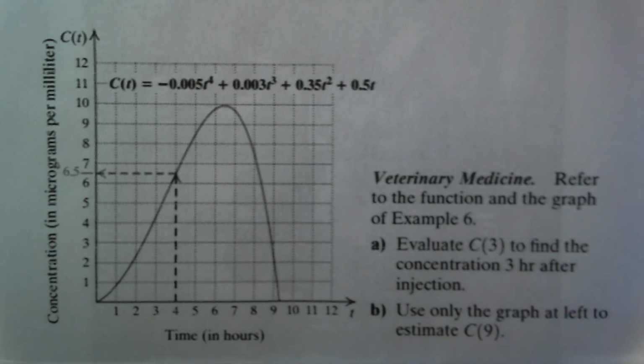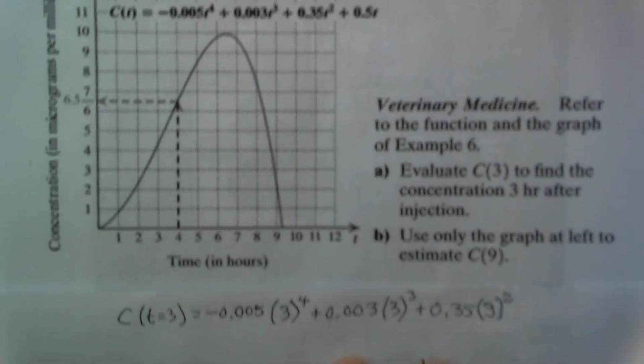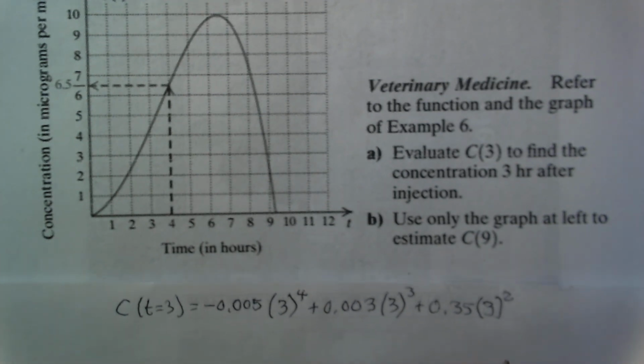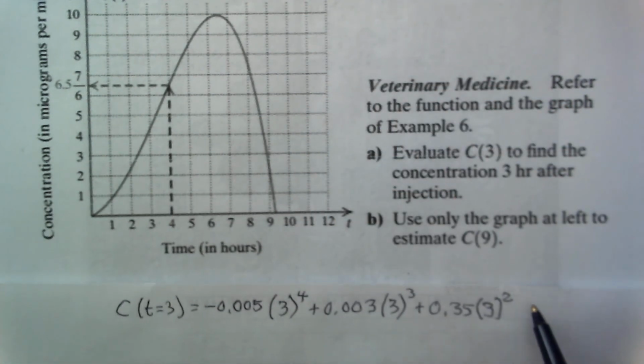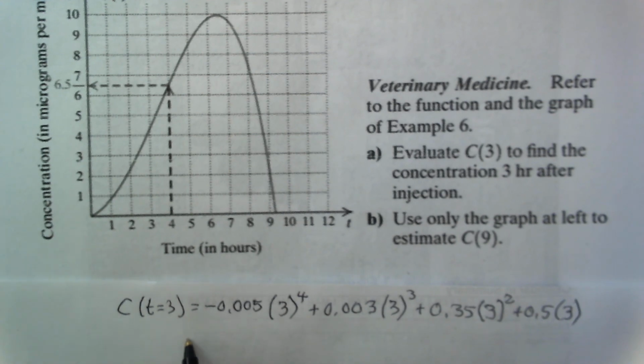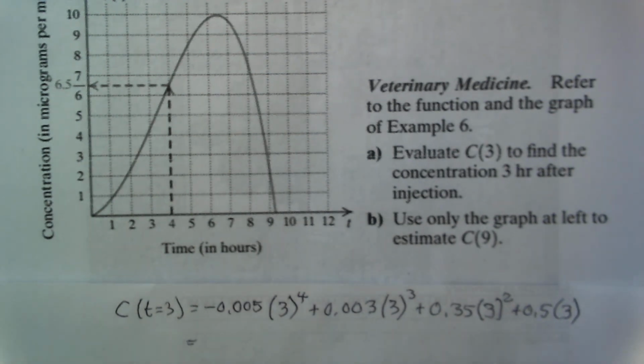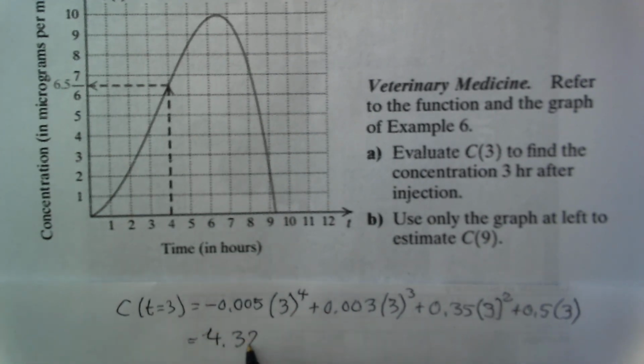So now we replace t with 3 again, so 3 to the 2nd power plus 0.5 times 3, and when we multiply that out, we get 4.326 micrograms per milliliter.